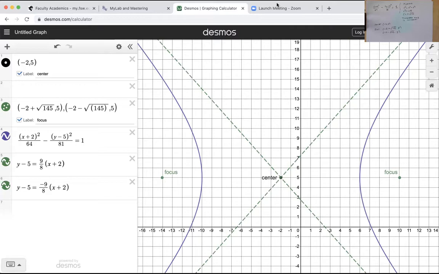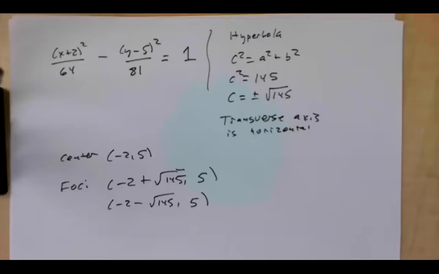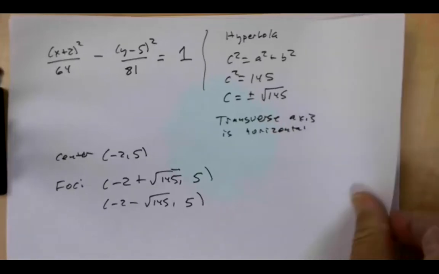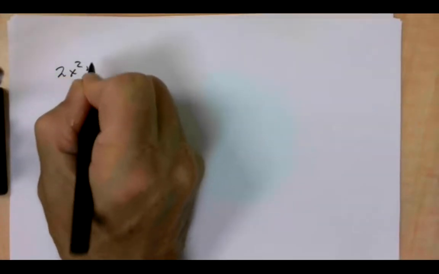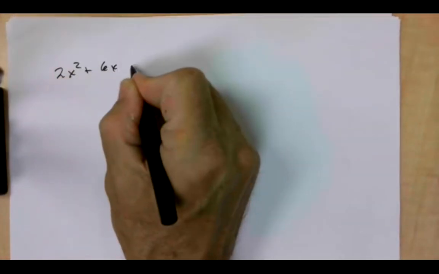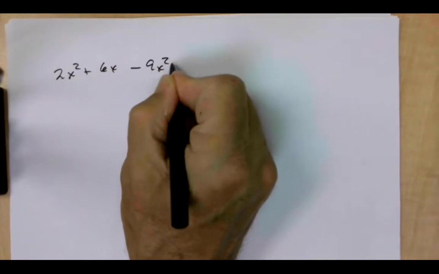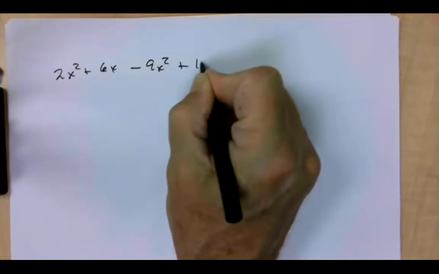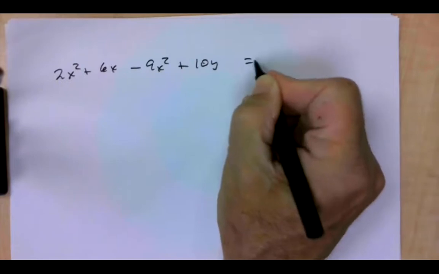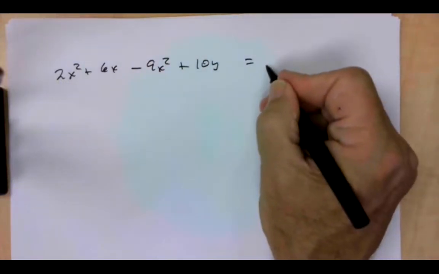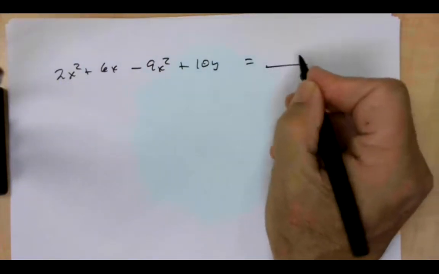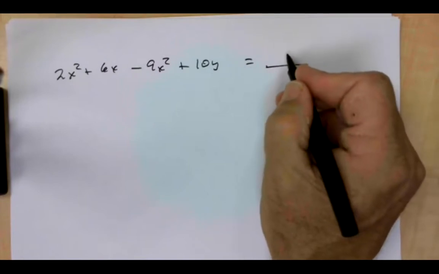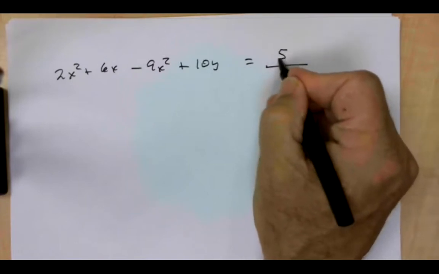All right, so let's just kind of summarize this with a couple quick questions. If I have 2x squared plus 6x minus 9y squared plus 10y equals some number, we'll make it positive so there's no issues, like 5.